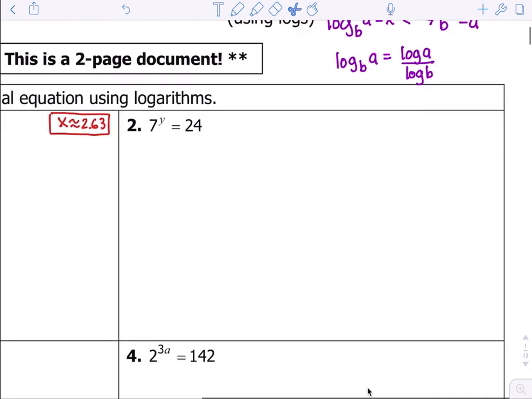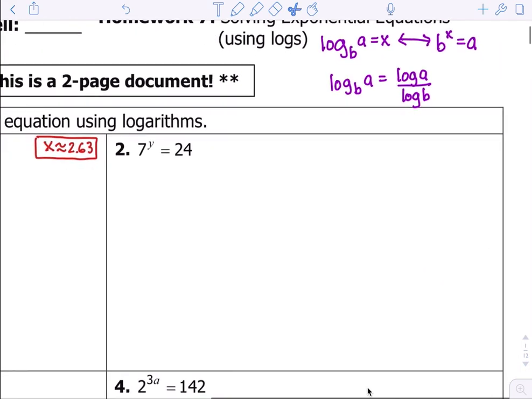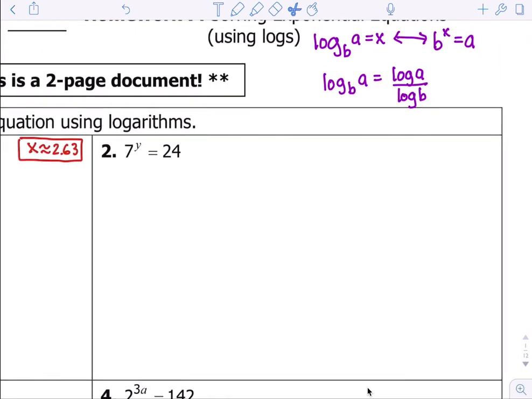All right, number 2. Exponential form again, and now we try to get to log form. This one I'll break down very carefully. We have this form, right? So that means b is our 7, x would equal our y, and a would equal our 24.